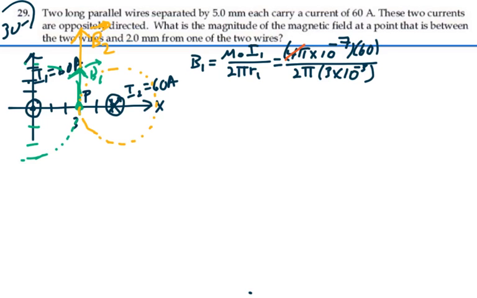The 4 pi divided by 2 pi will leave us with a 2, and the 60 divided by 3 will leave us with a 20. So we'll have 40 times 10 to the minus 4, or 4 times 10 to the minus 3 Tesla, going in the up direction.